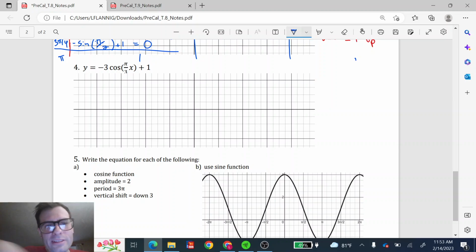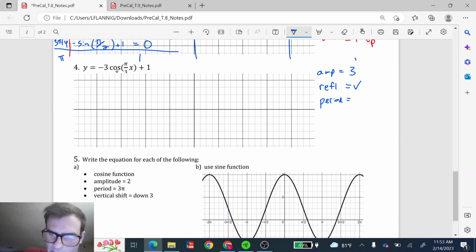We have this function right here. We know the amp or the A value is 3. There is a reflection. And the period, the most important part, the B value is pi over 3. So what you do is take 2 pi over pi over 3.